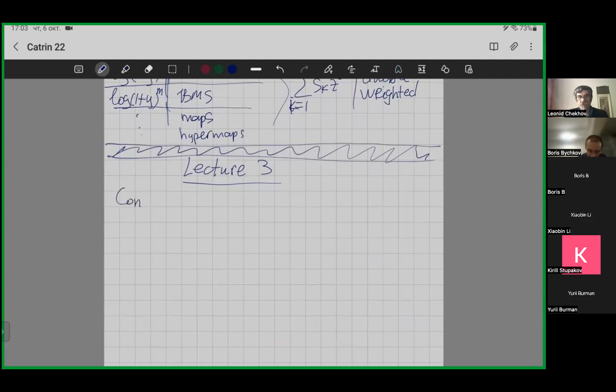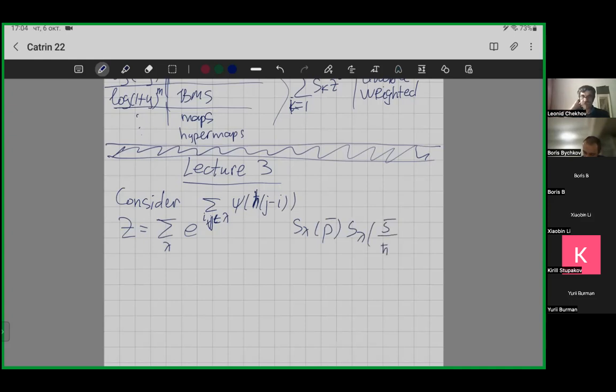Let me consider the following series, the sum over all partitions of e to the power psi of h bar j minus i, s lambda of p, s lambda of s, over h bar.